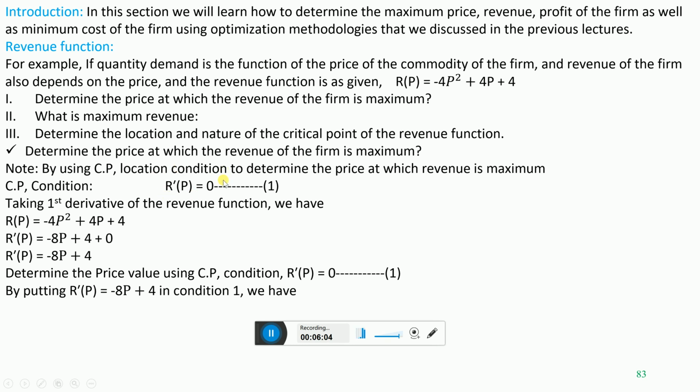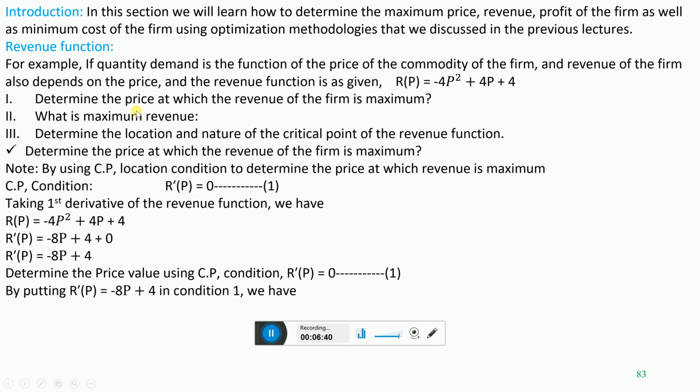This is the highest or lowest point condition, and this R prime of p must be equal to 0 defines the location of the critical point. Critical point represents the highest or lowest point of the function.